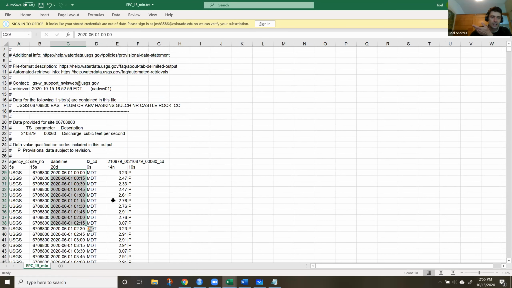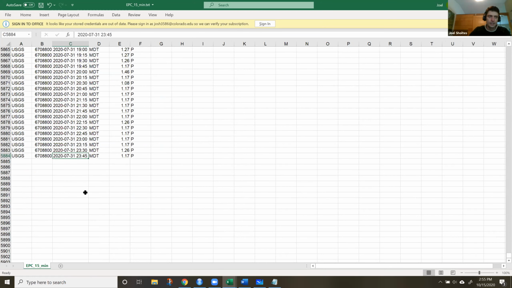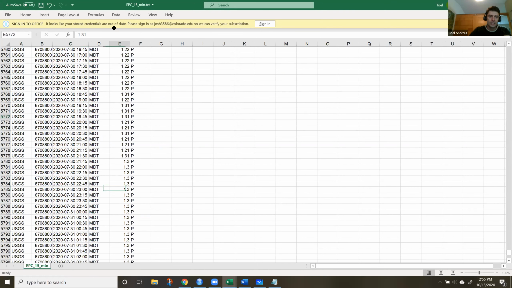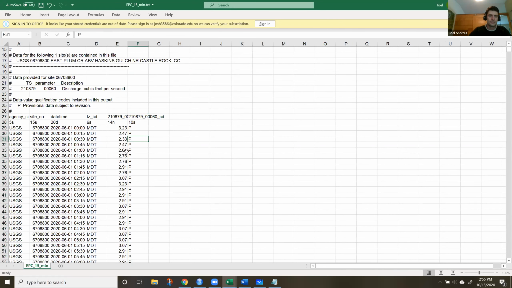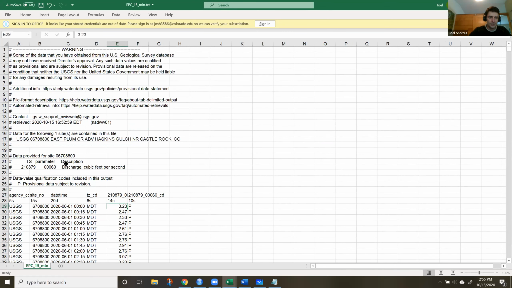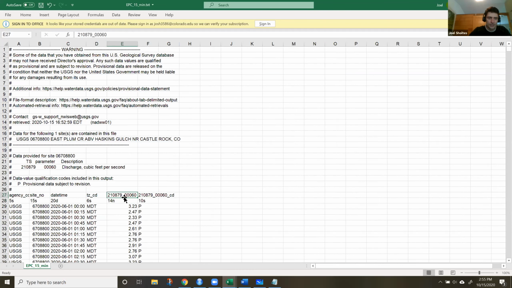So now I've got the data in Excel, so I could use this. I could plot it. If you want to plot in Excel, then you do need it to know that this is a date. And then these are my discharge values right here. It's got all these codes, and if you've got, for example, temperature or stage or some water quality variable, you could look up these codes.